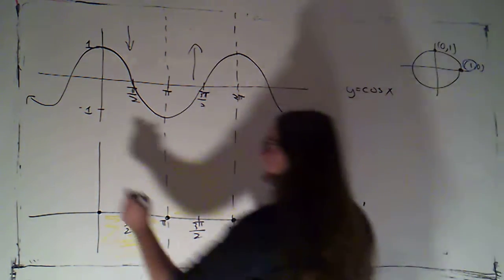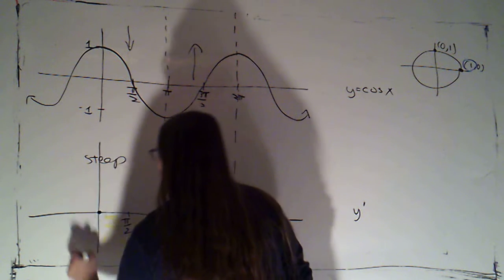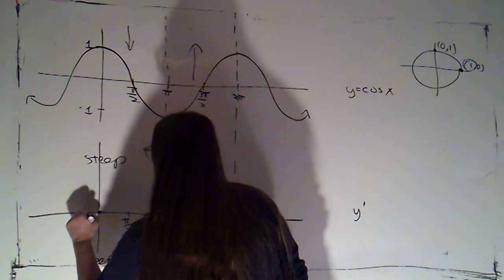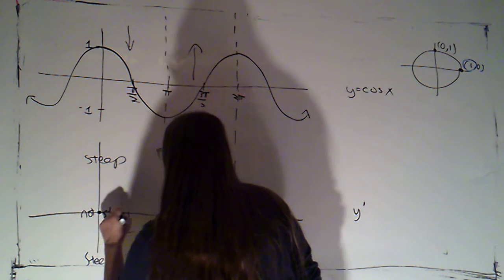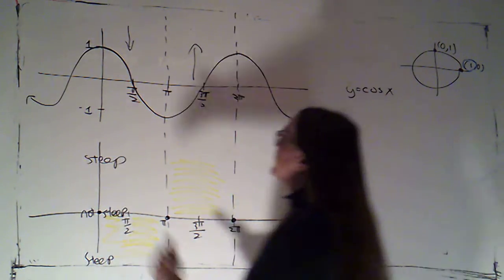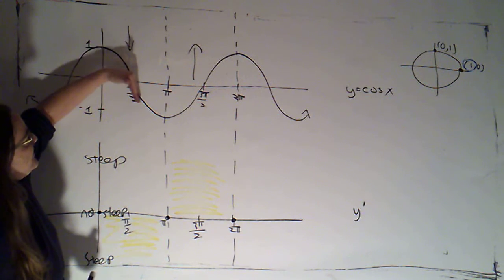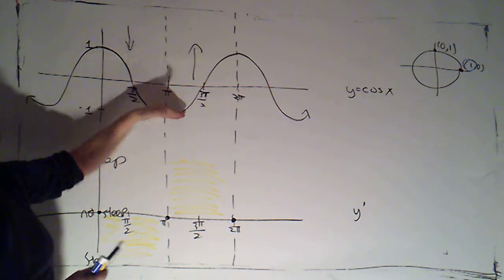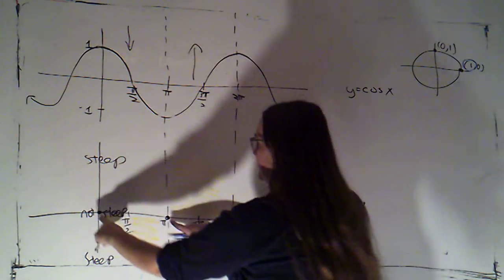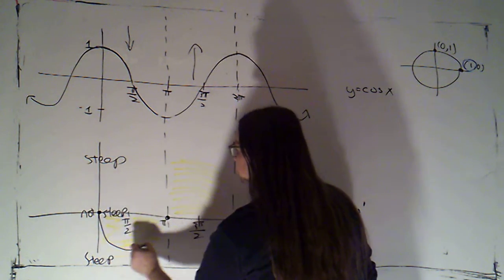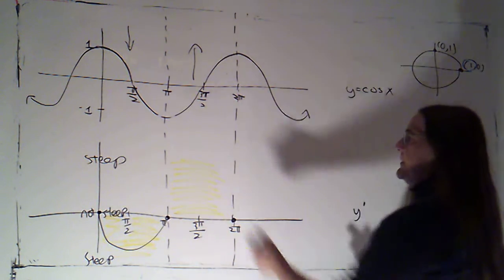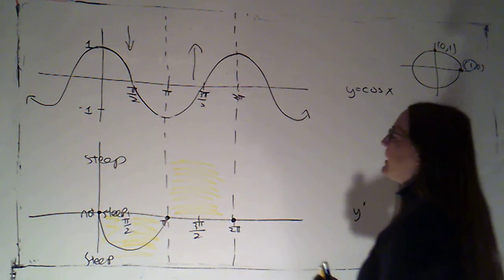Now, if I look at steepness, I've got my 2 steep zones, and then not so steep when we're close to 0. It looks like the graph of cosine starts out not so steep, gets steeper in the middle, and then gets less steep again. So between these two zeros, we're going to dip down to moderately steep and then back up to 0.